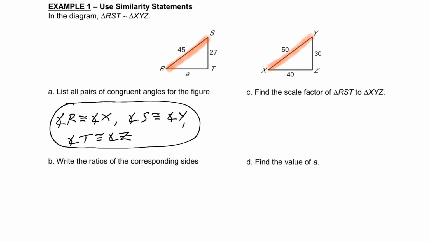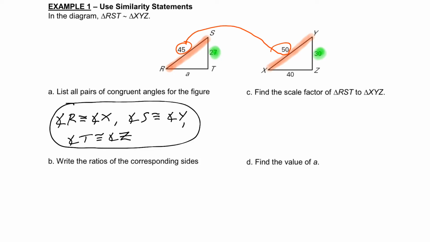Then this side length of 45 is going to correspond with the side length of 50. Then using that same idea, this side length of 27 is going to correspond with this side length of 30.